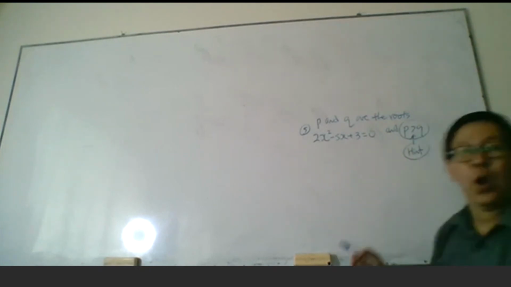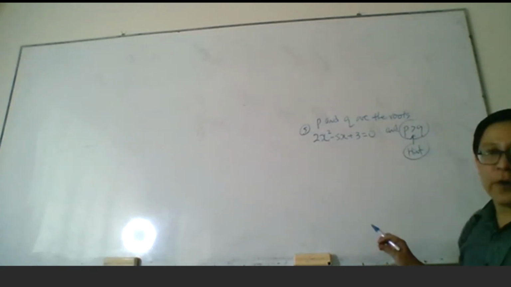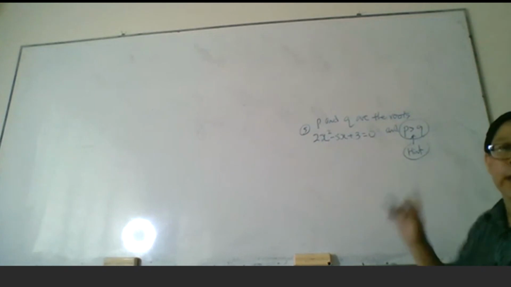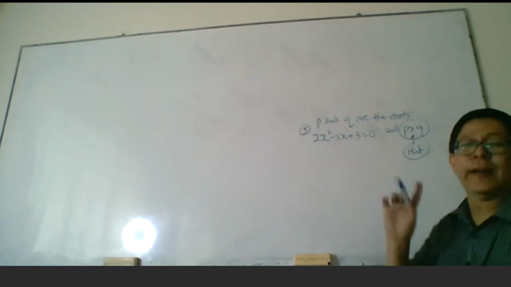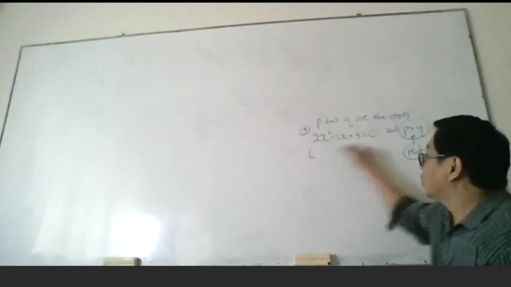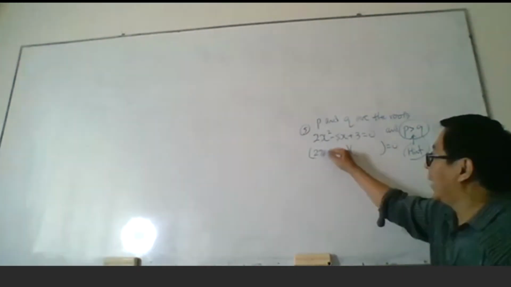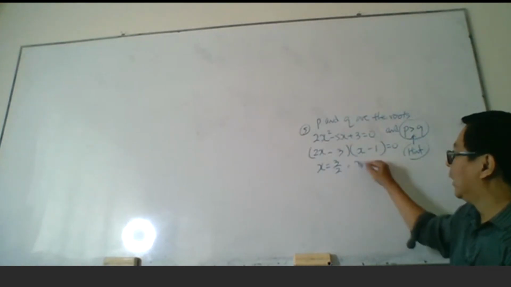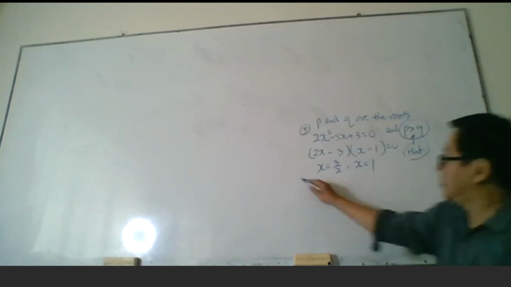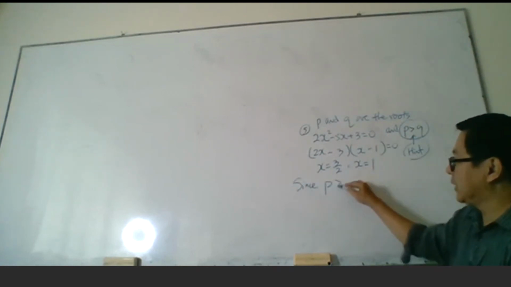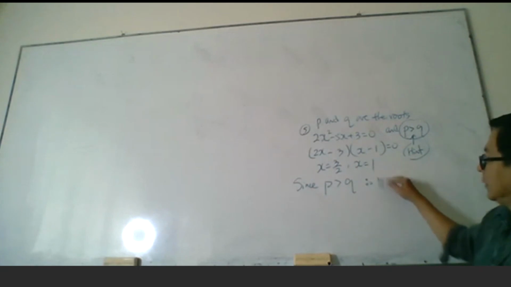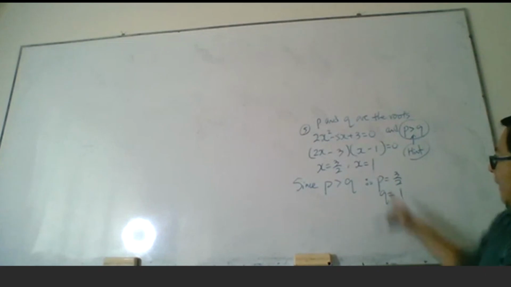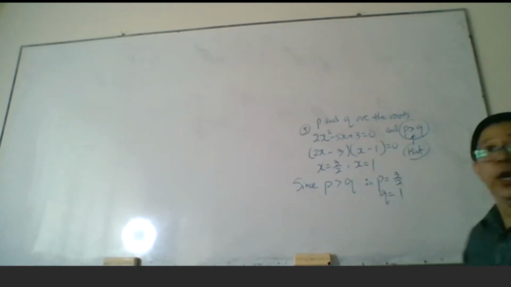So remember, in your workbook or reference book, when you come across questions like this, they put P more than Q. It means that in this question, 100% you can definitely factorize. 2x, x, 1, 3, minus, minus. So you can have x is 3 over 2, x is 1. Since P is more than Q, the value of P will be greater than the value of Q. P will be 3 over 2, and Q will be 1.